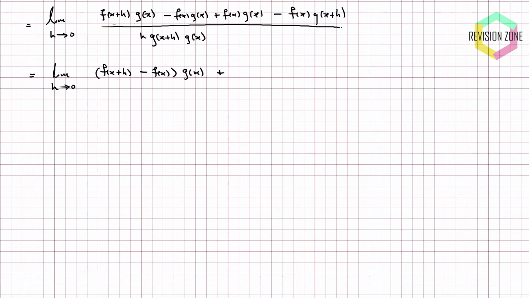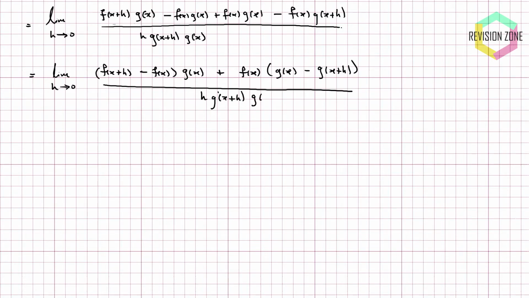In the second case, I take the f out first, and then put the other things in the factor. So I've got g of x take away g of x plus h, and this entire thing is all over h, g of x plus h, g of x.